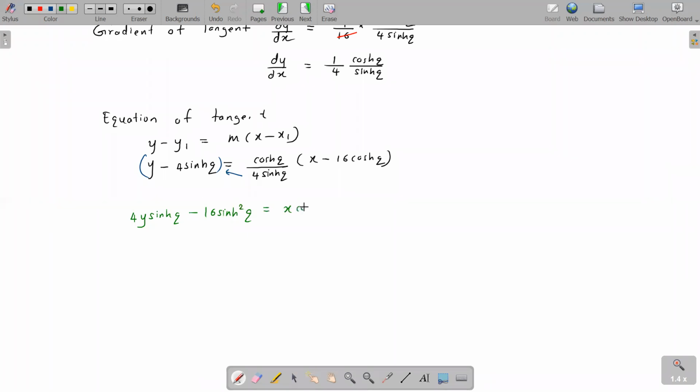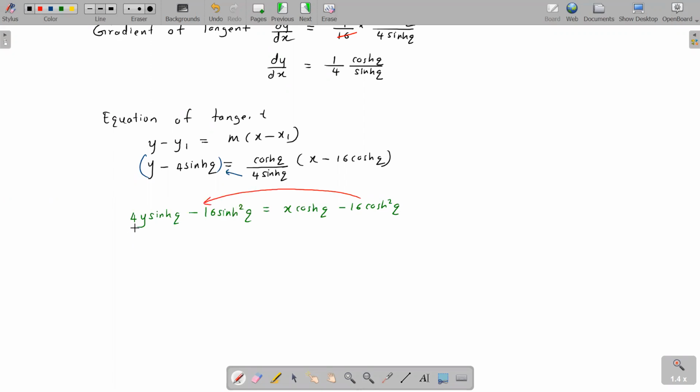This is x cos cube minus 16 cos square cube. I think we remember in the previous chapter, cos square minus sin square is 1. We did something similar to this in the earlier lesson.